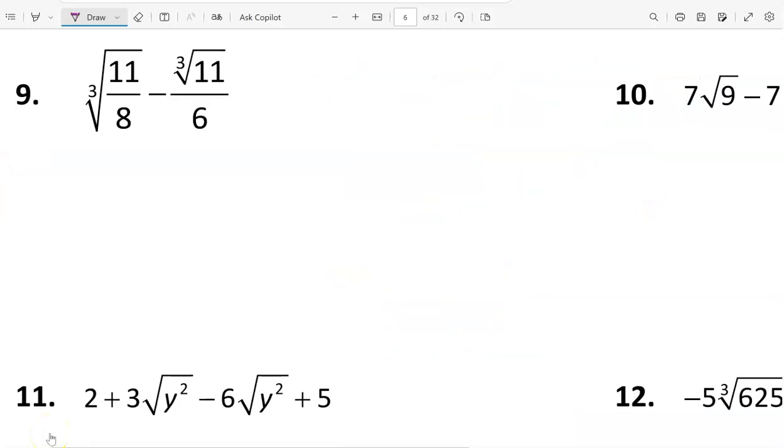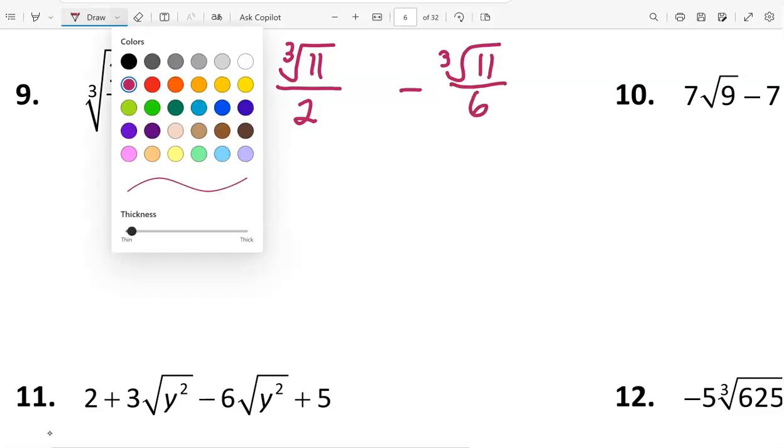In number 9, we have cube root expressions to simplify. So we can start by distributing the cube root to the division in the first fraction. That will give us the cube root of 11 divided by the cube root of 8, which is 2. And then minus the cube root of 11 over 6.